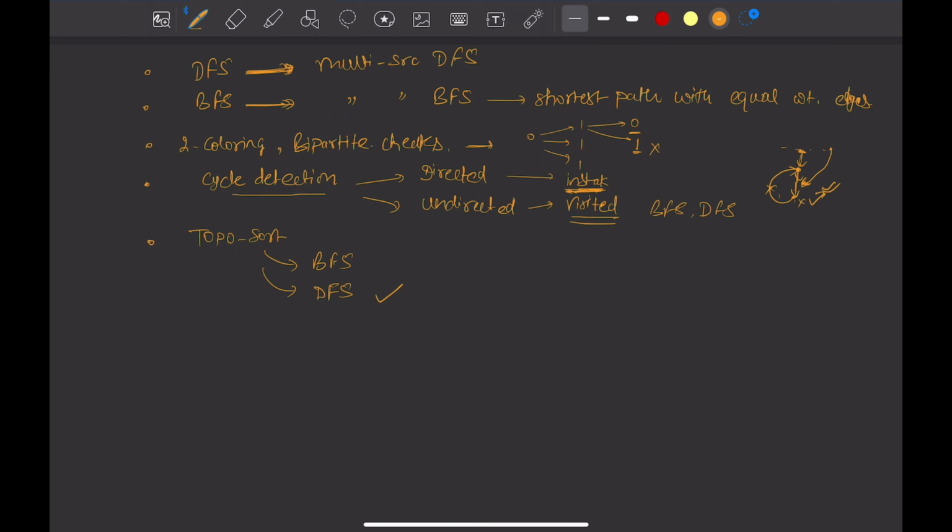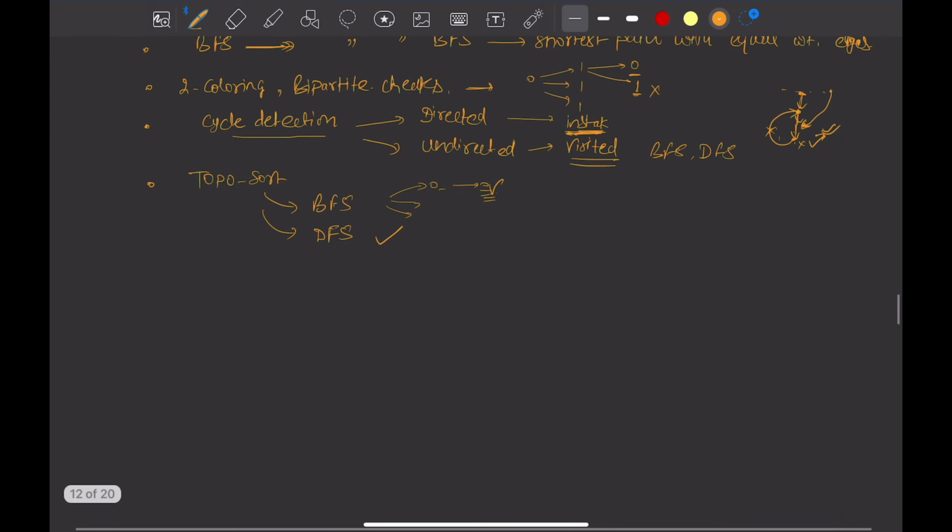So that was DFS. For BFS, I push every node which has the degree of 0 initially in the queue, and then from that go to all the neighbors, decrease their degree. If they become 0, then push in the queue and process them. So it was also easy, but a lot of code. I would prefer DFS one for topological sort.